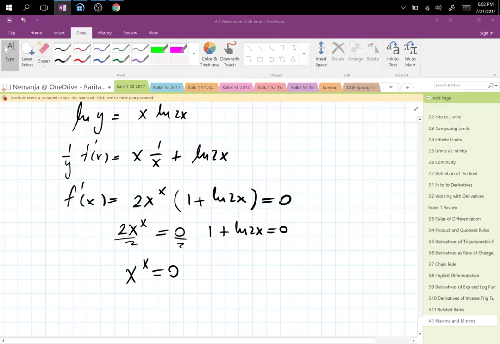Look at the graph. Does x to the x ever touch the x-axis? No. And over here we have ln 2x equals -1. Exponentiating both sides with e, we get 2x equals 1 over e, right?